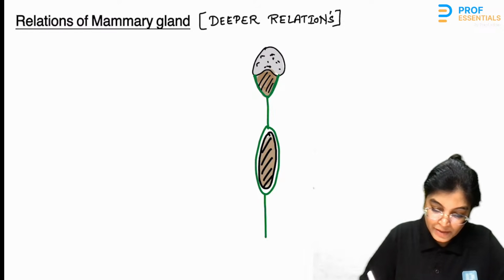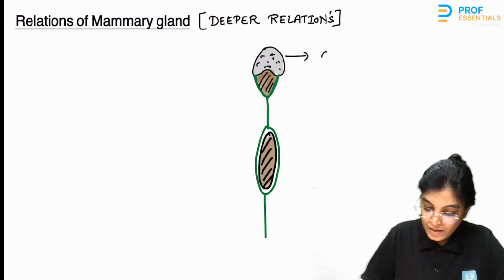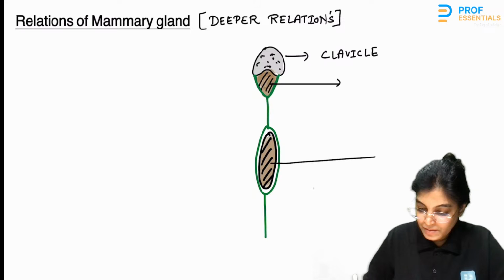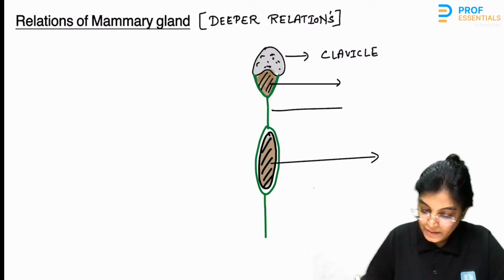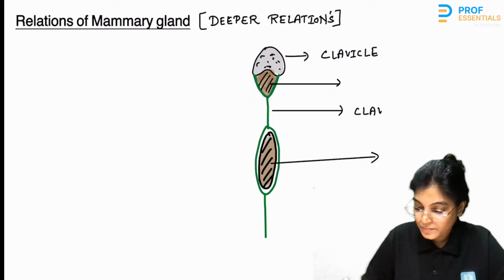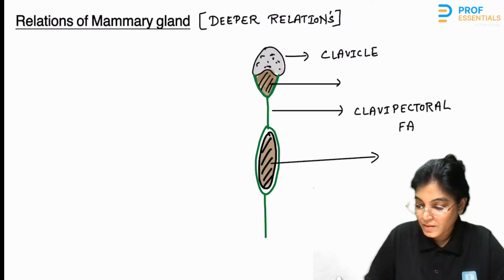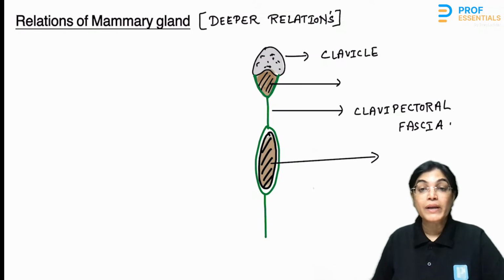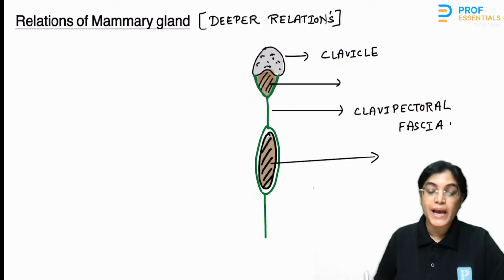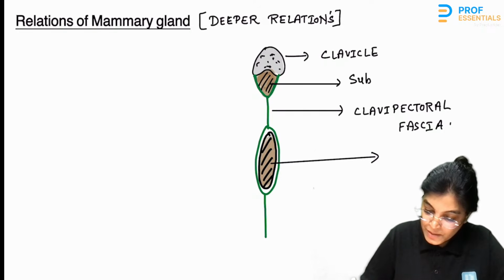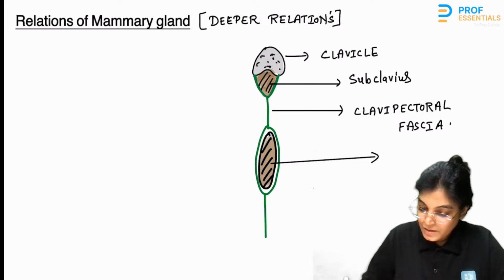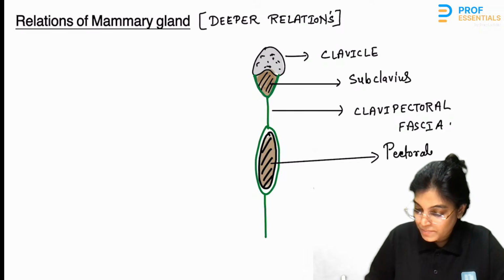So you can just label it: clavicle, subclavius muscle, pectoralis minor muscle, and clavipectoral fascia. In anatomy, to score a good rank, what is required is drawing the diagrams.